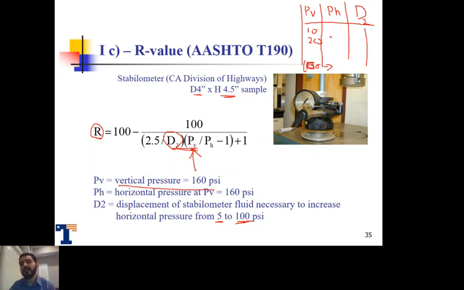I look at the horizontal pressure equal to 5 and at the horizontal pressure equal to 100, and D2 is the difference in the displacement between these two. So I subtract the two from each other to get D2. Once I get D2, and I know PV is equal to 160, and I know pH is the corresponding horizontal pressure at PV equal to 160, I'll be able to get the R value.